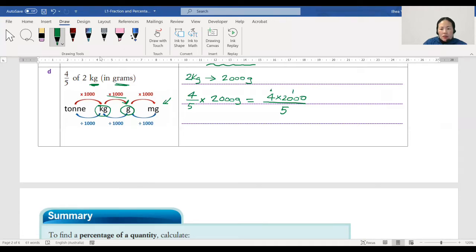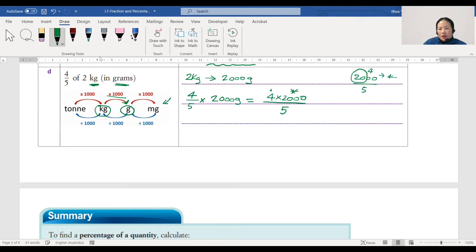But 2,000 and 5, I can simplify, right? If you look at 2,000 divided by 5, just think about this part, 20. How many 5s go into 20? 4 times. So the whole thing is 400.